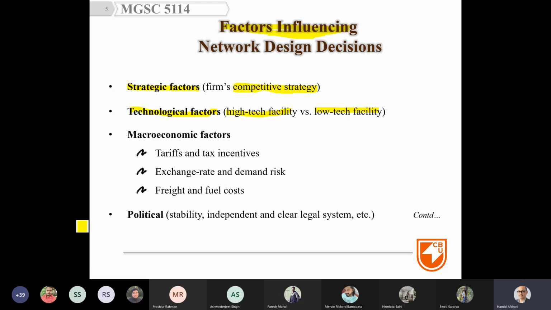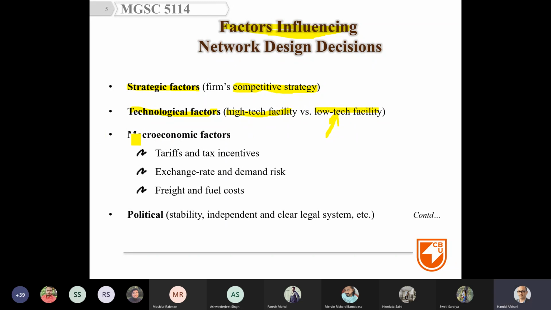But if you are offering a service in a country that doesn't have access to high tech, or the company that is providing the technology has no branch there, you see that easily you are impacted. That's why you may choose to use low tech technology if you don't have access to that.